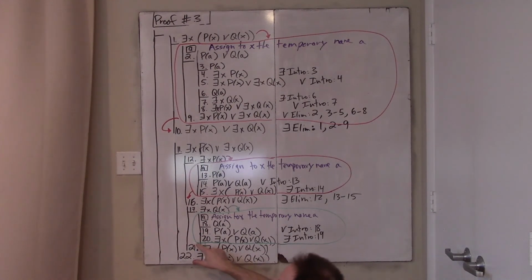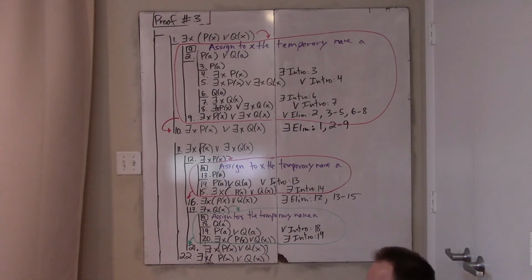And from that temporary naming move, I have concluded a fact in line 20 that's independent of A. So that fact, independent of A, simply follows from line 17. And so the justification for line 21 is existential elim, line 17, 18 through 20.